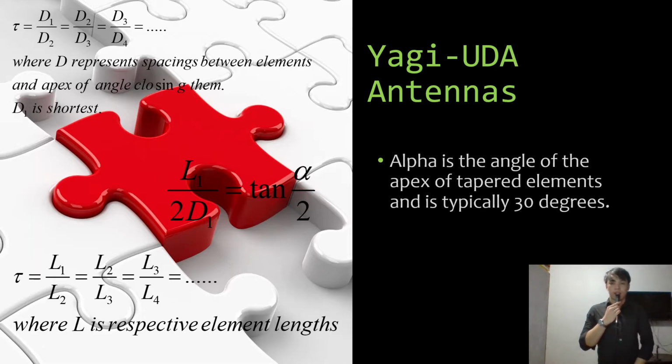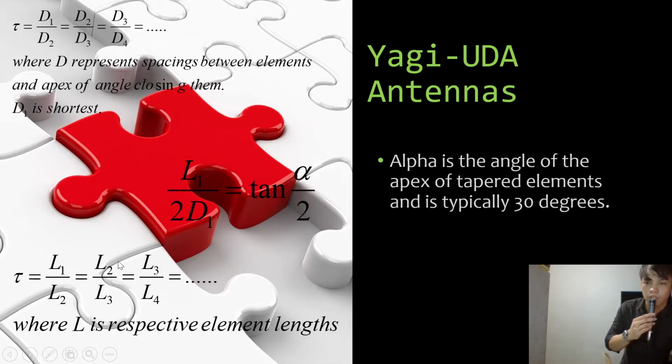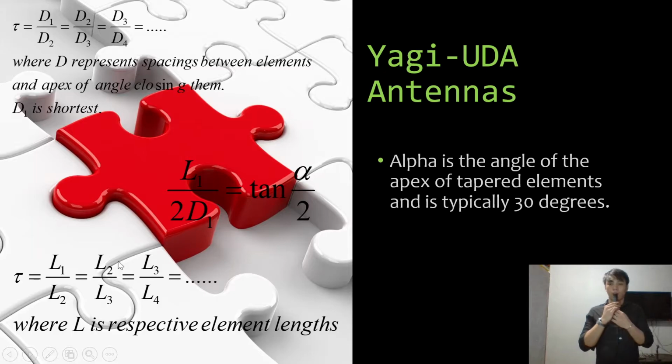The next one is length 1 over twice the distance 1 is equal to the tangent of alpha over 2. And here the time constant is equal to length 1 over length 2.